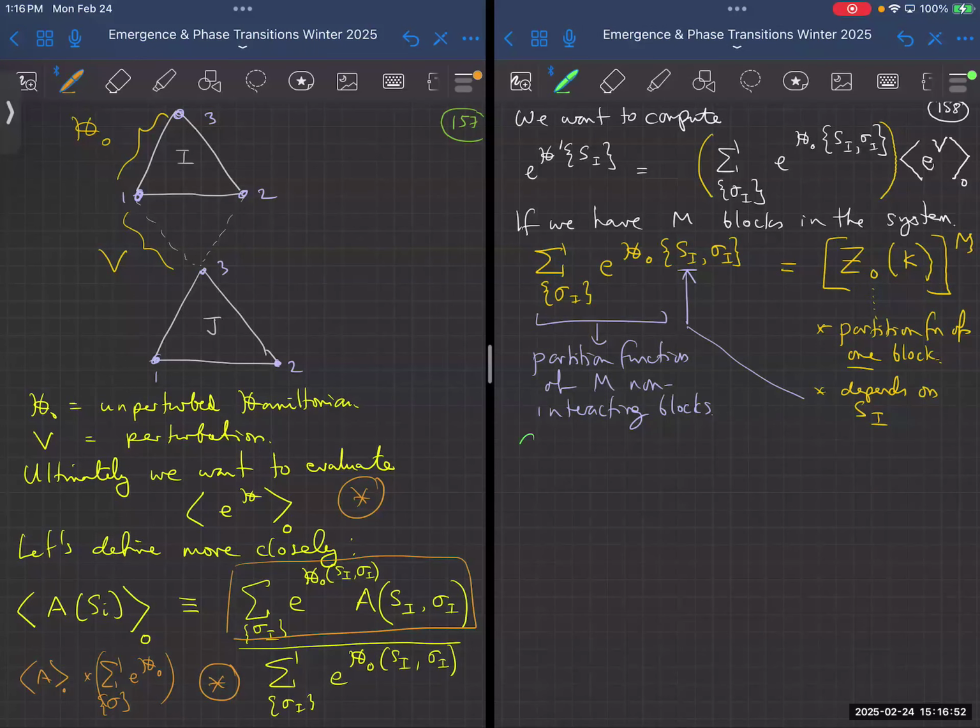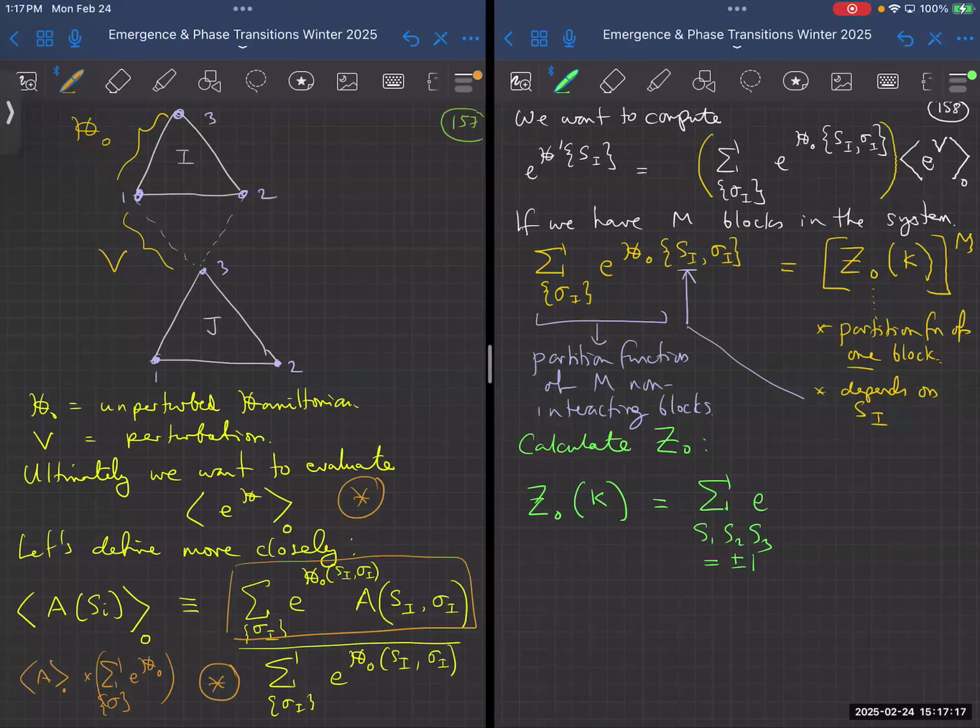So to calculate Z0, we can just literally write it out. So Z0 depends on the coupling constant K. Remember, H has been set equal to 0. So this is the sum over the block spin values, S1, S2, S3 equal plus or minus 1.